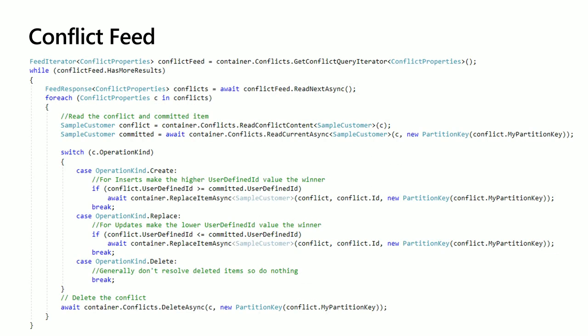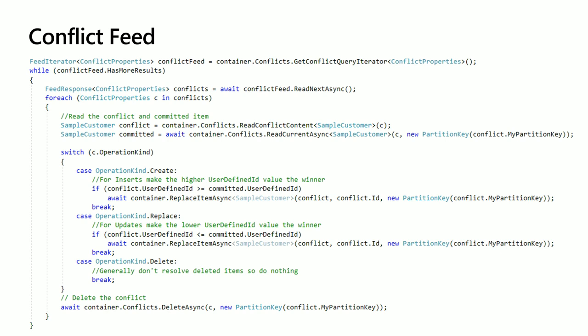And this is how you would write code to manage your conflicts. You just for each through the conflict feed, looking for conflicts. Then you can say if it's a create operation, handle it that way, or if it's an update, handle it that way. You could do a delete if you want, but I don't know why you would want to merge a conflict on a delete. If it's deleted, it's deleted.